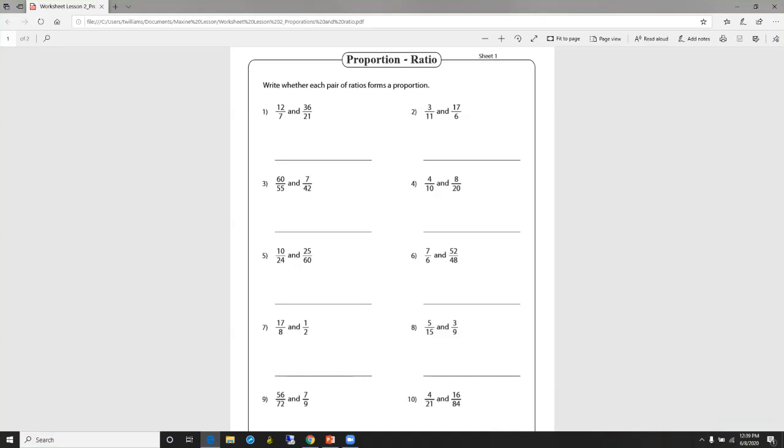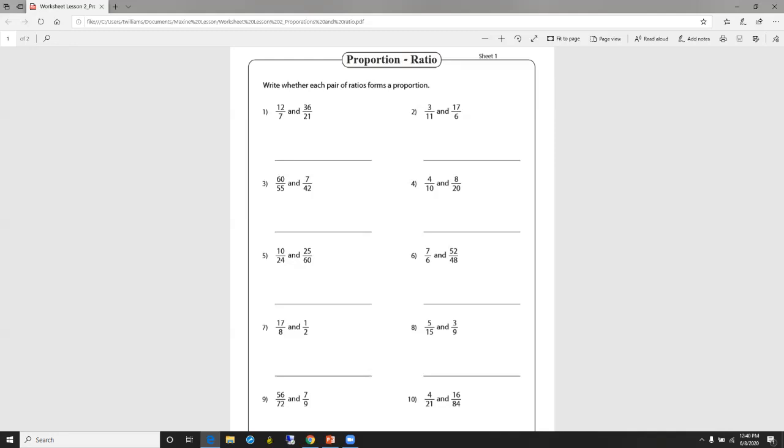Do I have any questions before we get started on our worksheet? Great, okay. I'm going to do number 1 and number 2 for you. And then I want you to go through the rest of them. I'll give you about 20 minutes to tell me whether it's a proportion or it's not a proportion.